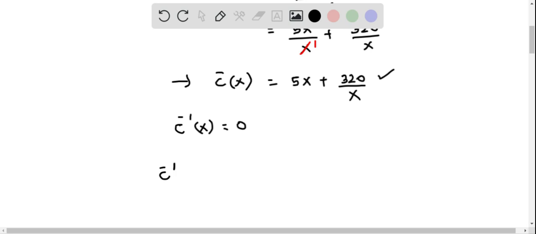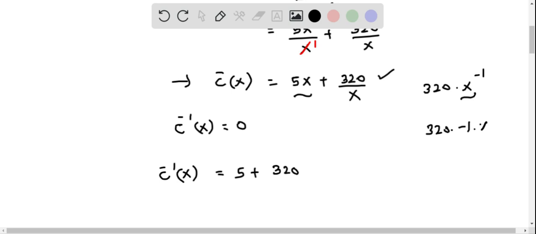So I write c bar prime of x, and this equals the derivative of 5x is 5 plus the derivative of 320 over x. We can write this 320 over x as 320 times x power minus 1. Now we find the derivative of x power minus 1, which is, when we use the power rule, minus 1 times x raised to the power of minus 1 minus 1.